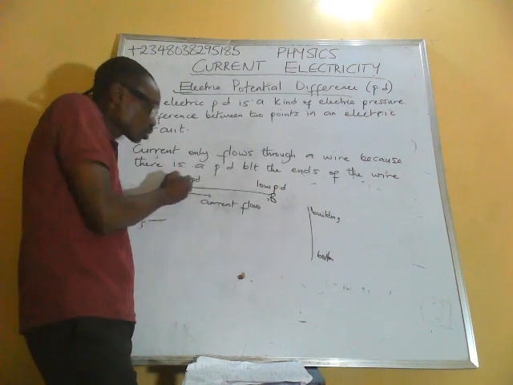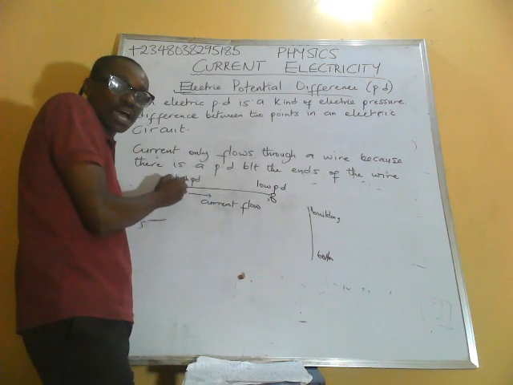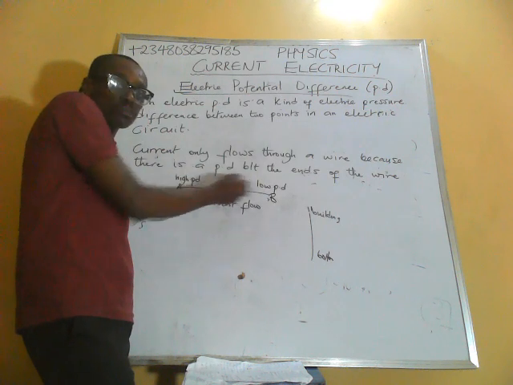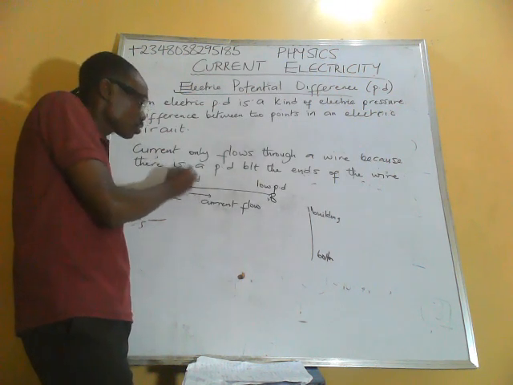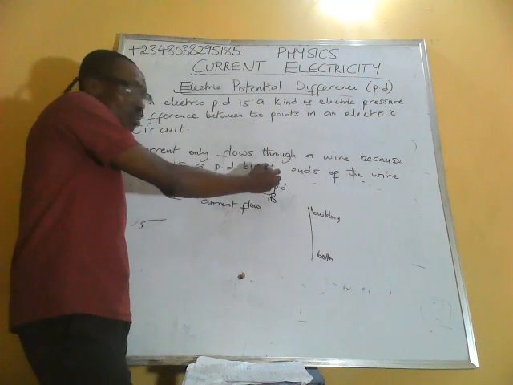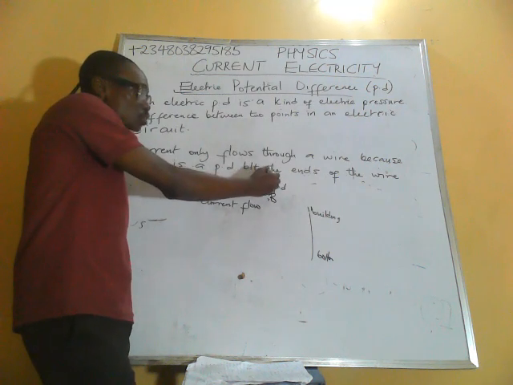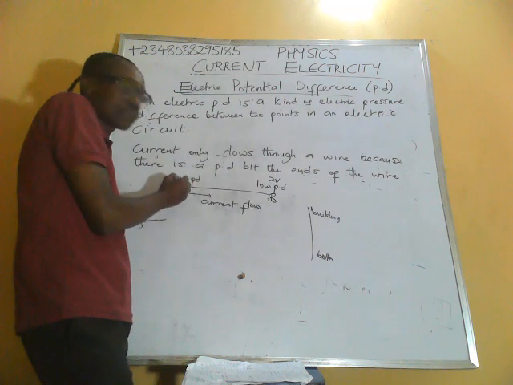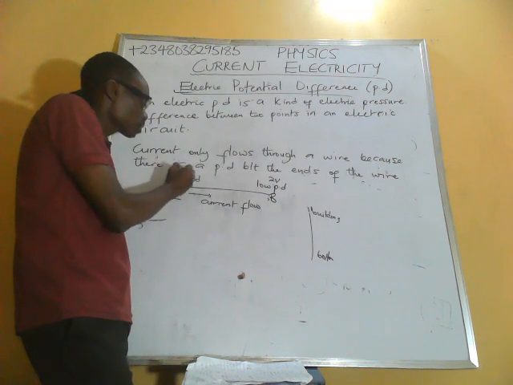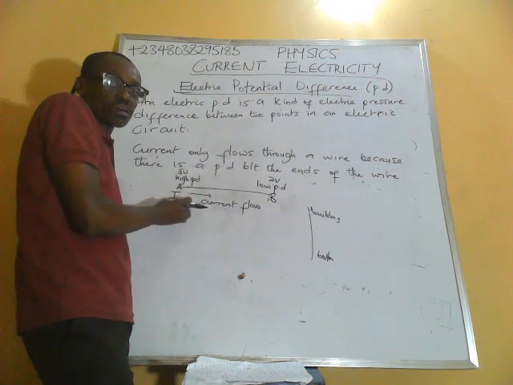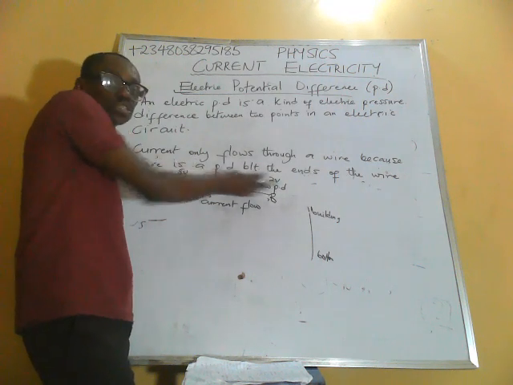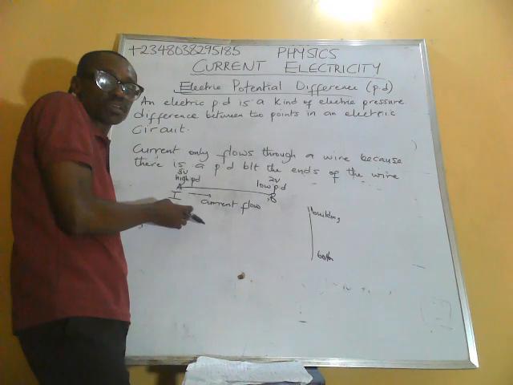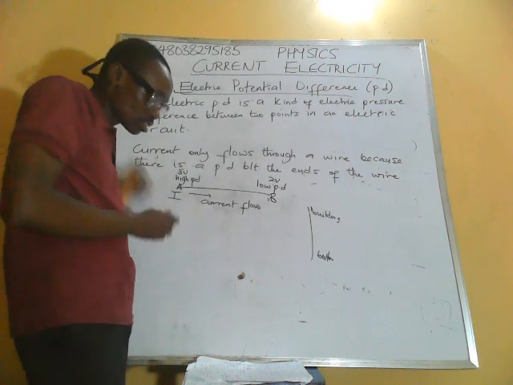So when you subtract the potential at A minus B, you get a potential difference. So let's assume now, if B is at a potential of 2 volts, then A can be at a potential of 5 volts. So at the end of the day, the potential difference between A and B is 5 minus 2, which is 3 volts. So the current can now actually flow.